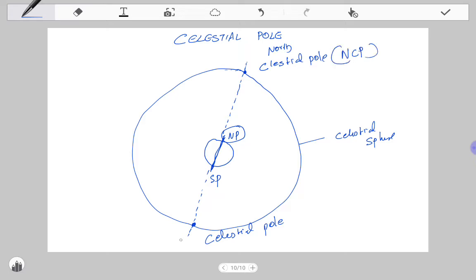Similarly, the south pole gives the south celestial pole, or SCP. So what is a celestial pole?